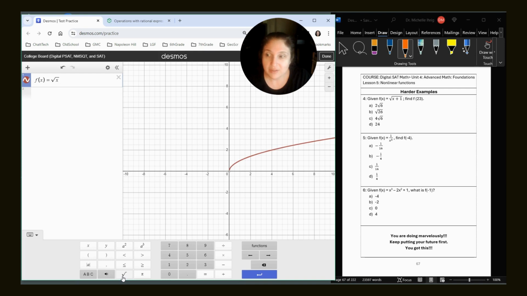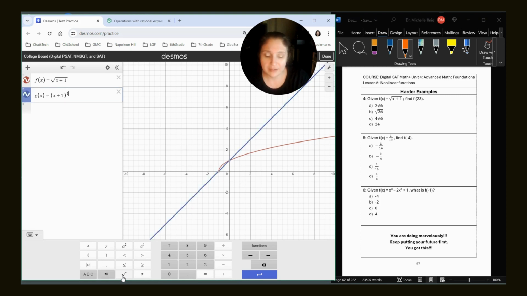Then x plus 1, and make sure the x plus 1 is underneath the radical sign. That's our function. Like I mentioned, I'll type in g of x just to show you. I also could have done x plus 1 in parentheses and then raised it to the 1/2 exponent, and it's the same graph.